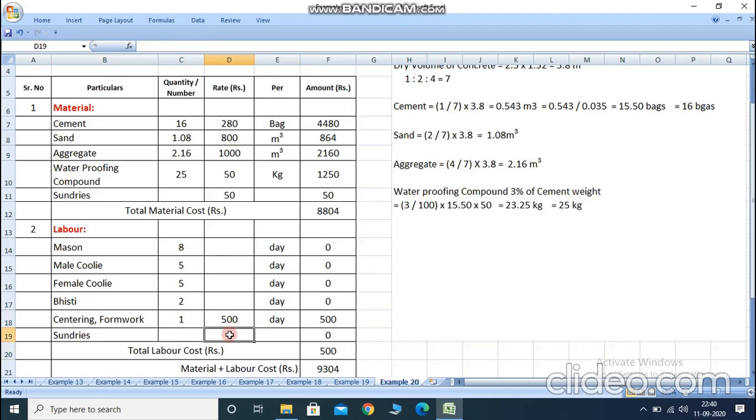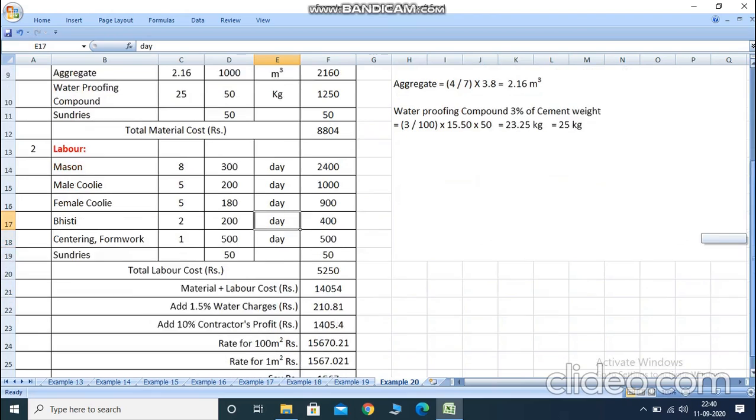And extra cost we take 50 rupees. Now the mason per day rate is 300 rupees, male coolie rate is 200 rupees per day, female coolie 180 rupees per day, and bisti rate is 200 per day. Now the summation of 2,400, 1,900, 400, 500 and 50. So the total answer is 5,250.